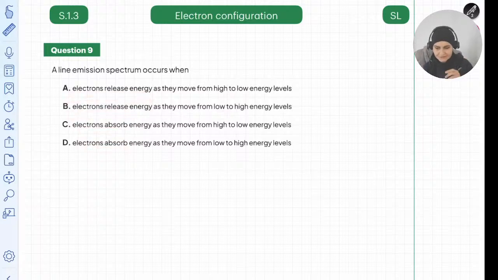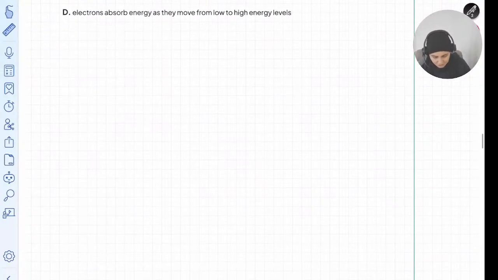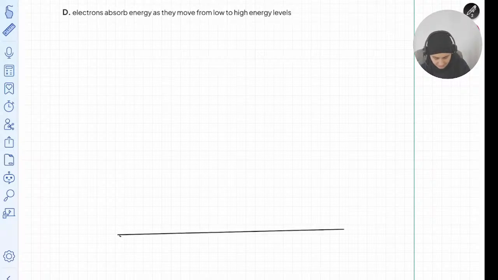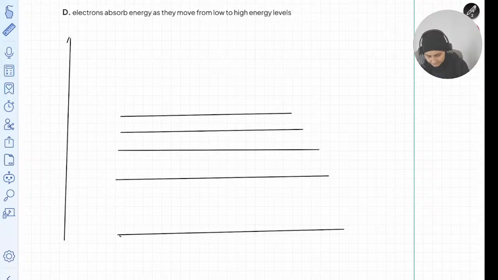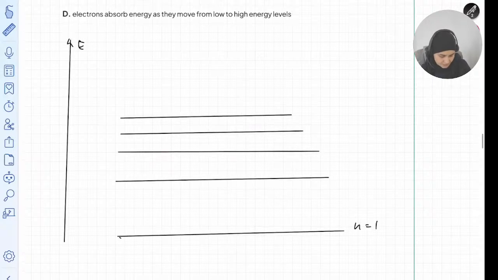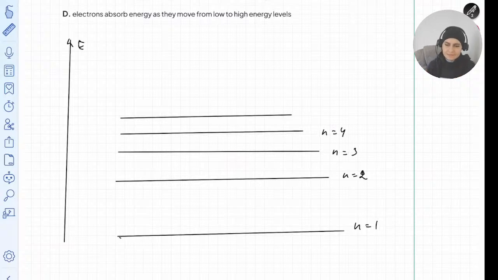Let me remind you of the emission spectrum of hydrogen, what happens. If we think about energy levels, these are energy levels, they get closer as we go up, and this is energy going up. This is level 1, level 2, level 3, 4, and so on. In a one electron system, normally in the ground state, the electron is here. Remember, they're lazy, in the lowest energy level.